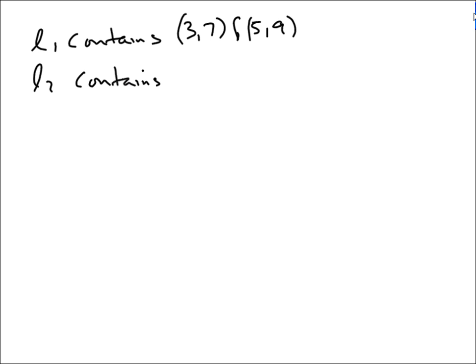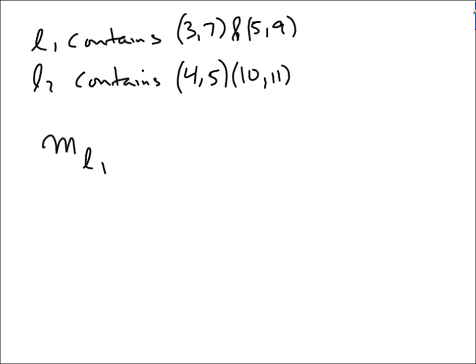Remember, 2 points determine a line. So when I tell you line 1 contains those 2 points, that nails down line 1. And if I tell you 2 points on line 2, that nails down what line 2 is. So basically, we just compute the slopes.